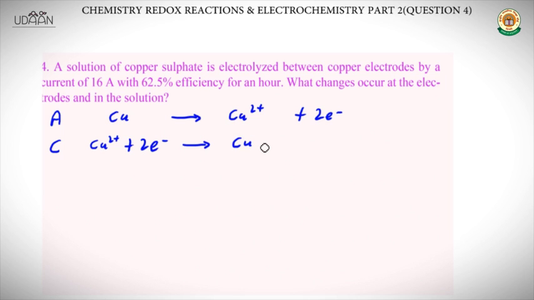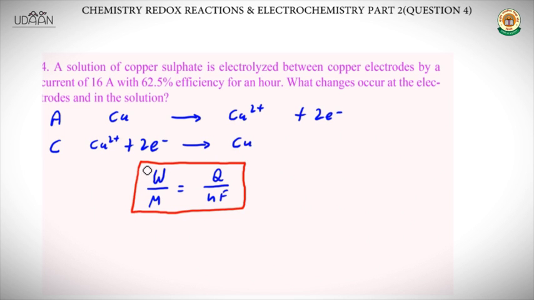So here we have to calculate what changes occur at the electrodes and in the solution. For this we'll use the combined equation for Faraday's laws, that is W by M equals Q by nF. If you don't remember this, you can skip back to the theory part and check it out. This is very important and a very easy way to remember both of Faraday's laws.